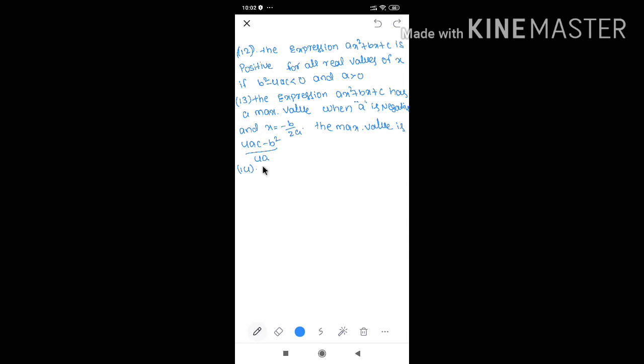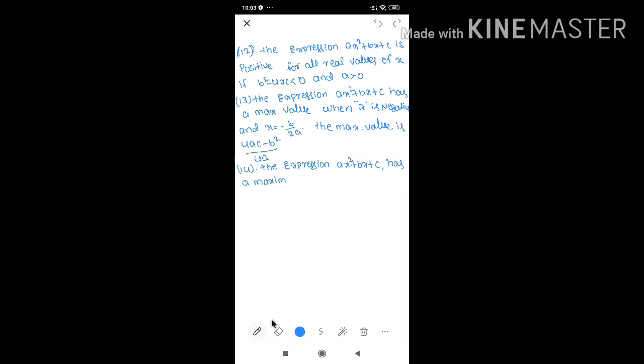Last point 14. The expression ax square plus bx plus c has a minimum value.